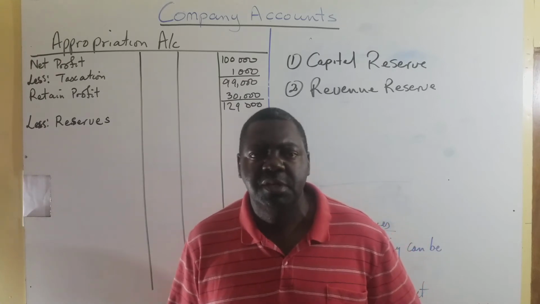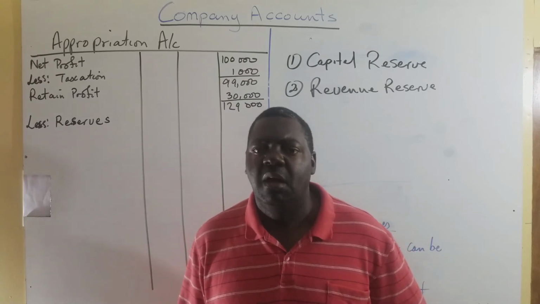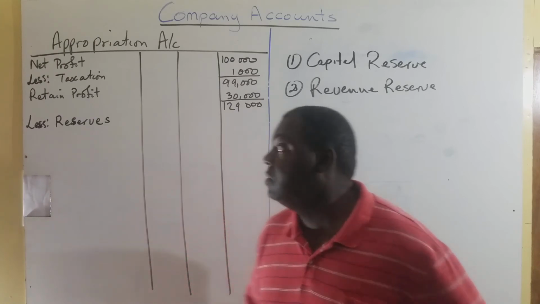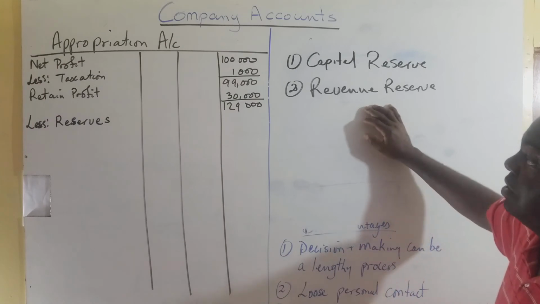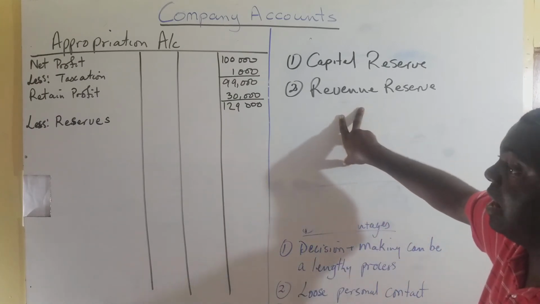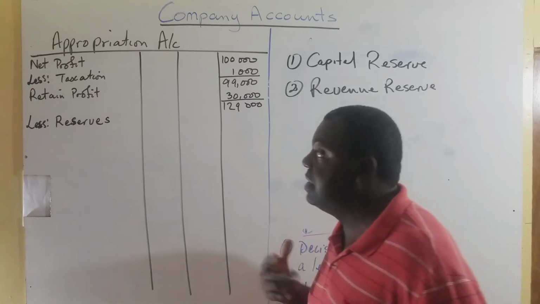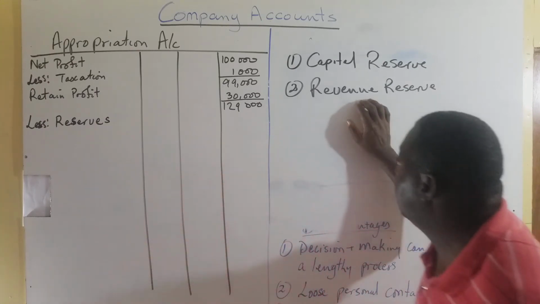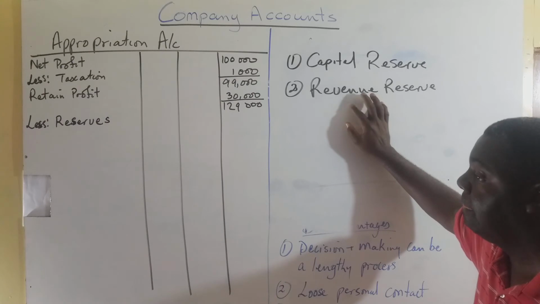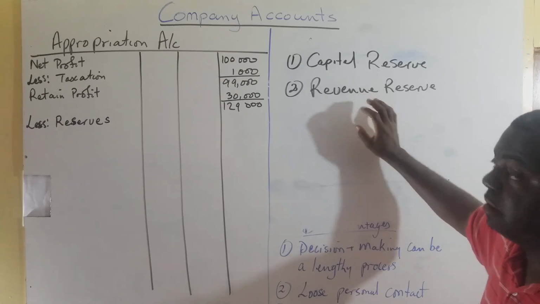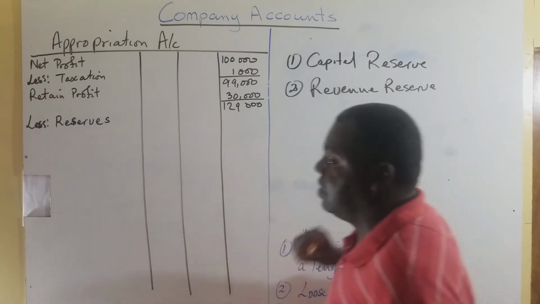Buying more goods, more stocks, etc. All right, or variation of production. So they have revenue reserve. Now, these two reserves are important to the development of the business, and as well, salaries and so on would be looked at through your revenue reserve.